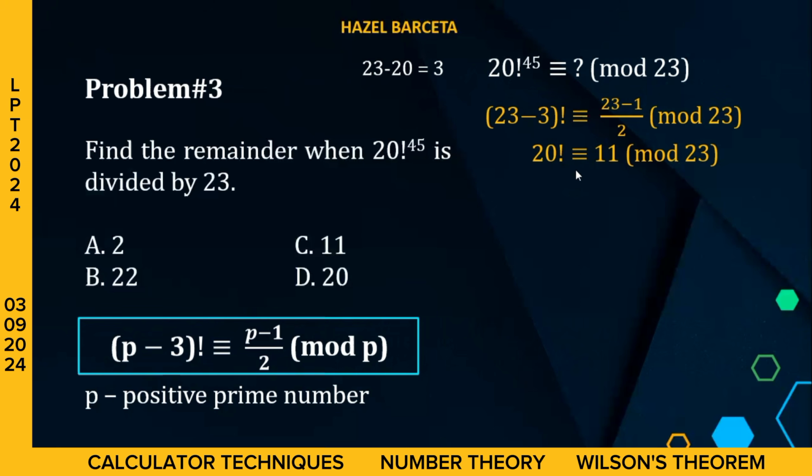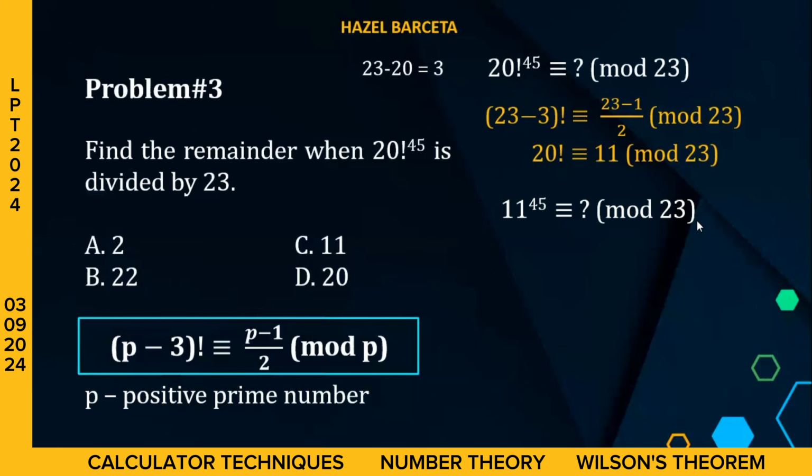Hence, 20 factorial is congruent to 11 mod 23. And our remainder is 11, right? So, si 11 ay ipapalit na po natin kay 20 factorial. What we have now is 11 raised to 45 is congruent to question mark remainder mod 23.